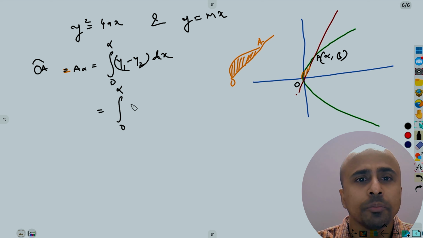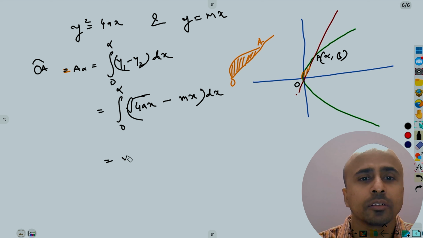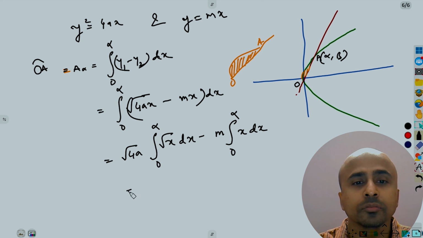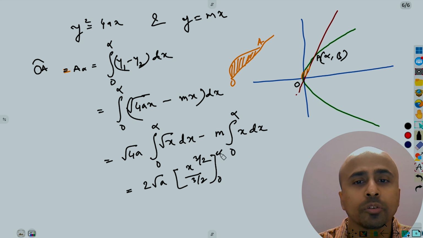So y1 is the square root of 4ax, minus y2, which is mx, dx. Square root of 4a, integral from 0 to alpha of dx, minus m integral from 0 to alpha of x dx, and this gives 2 root a times x to the 3 by 2, from 0 to alpha, minus m x square by 2 from 0 to alpha.